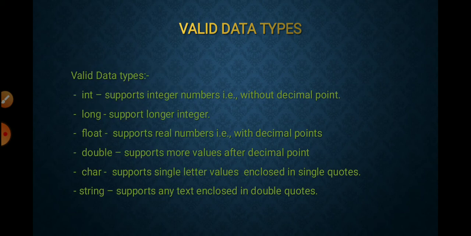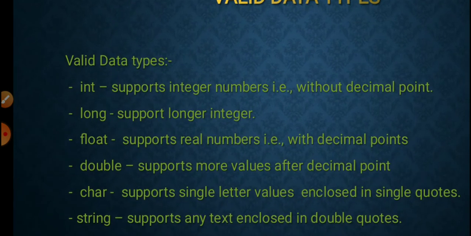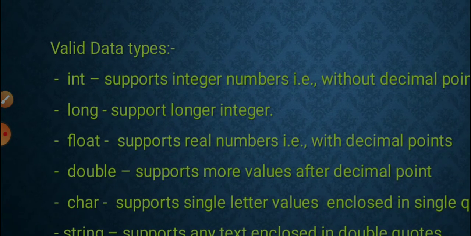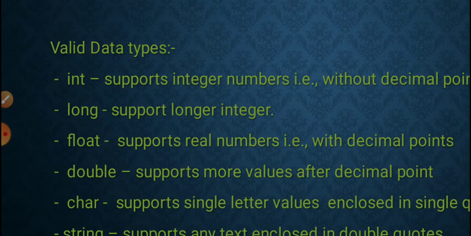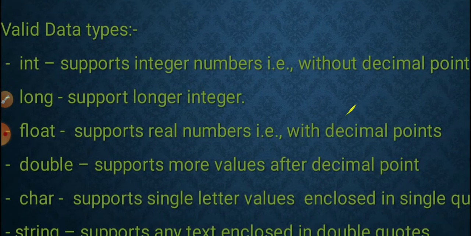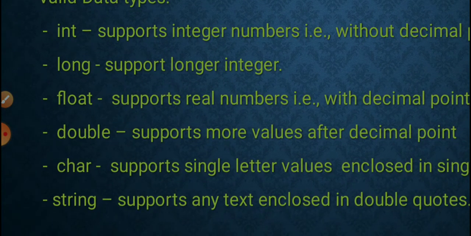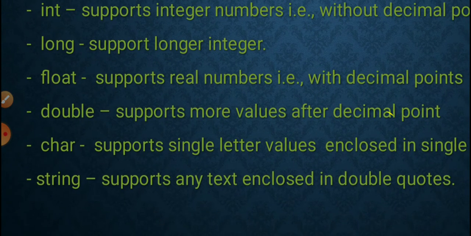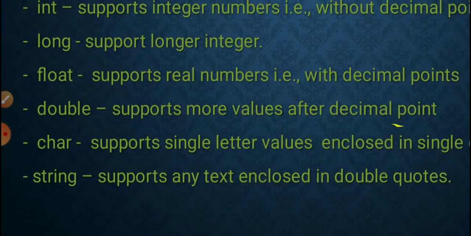Next we see some valid data types. The valid data types are int, which supports integer numbers without any decimal point. Then long, it supports longer integers. Then float, which supports real numbers, for example with decimal points.